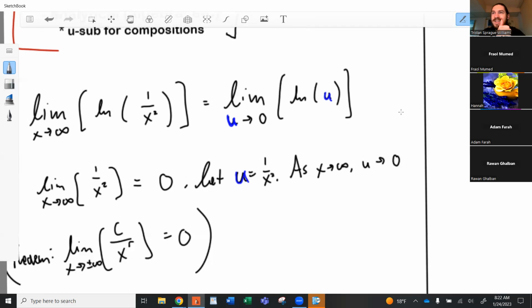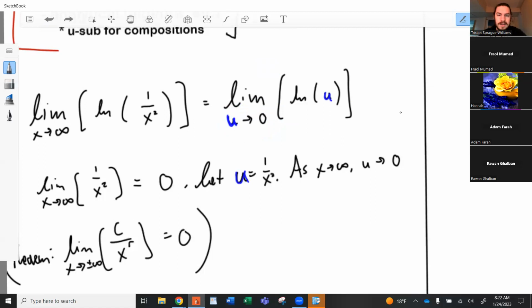Change of variable, life lessons. It's kind of silly. Forget your x, make it all about you. So not only do you want this inside here to be all about u, but you also want this to be about u. There should be no more x's involved when you do this change of variable.